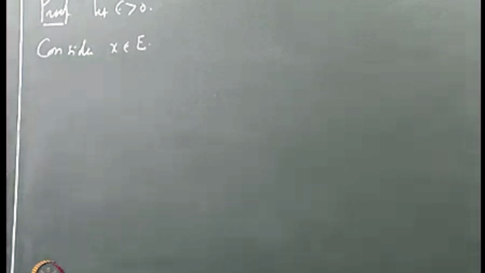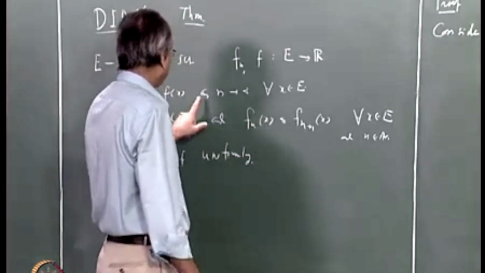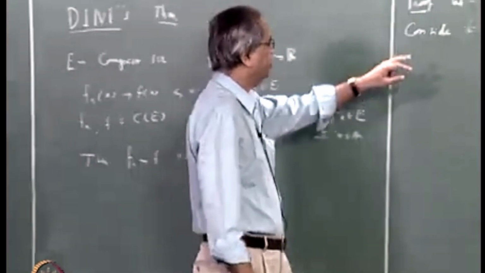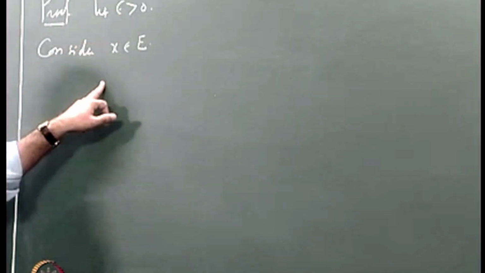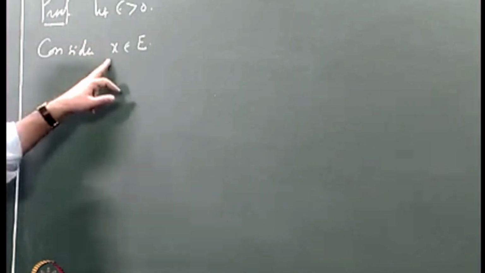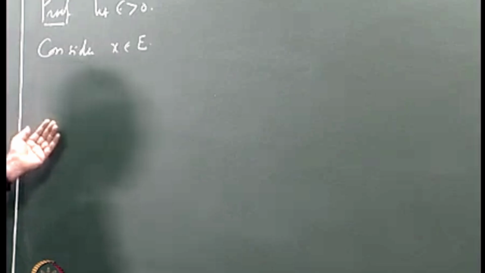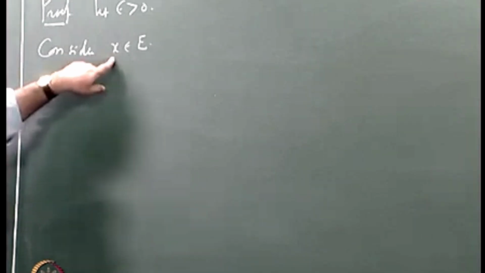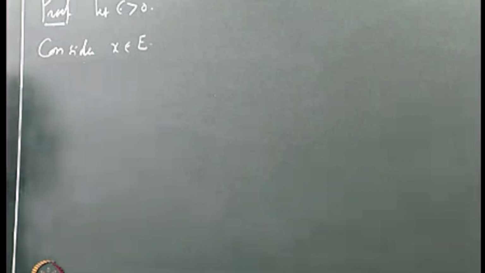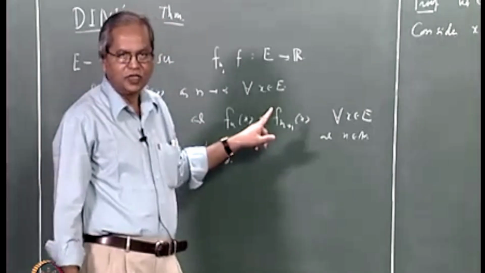Then, since we know that Fn(x) converges to F(x), corresponding to this epsilon there will exist some n0 so that whenever n is bigger than n0, whatever we want happens. But that n0 will depend on x, because we have only assumed the pointwise convergence. So let us call it n suffix x.